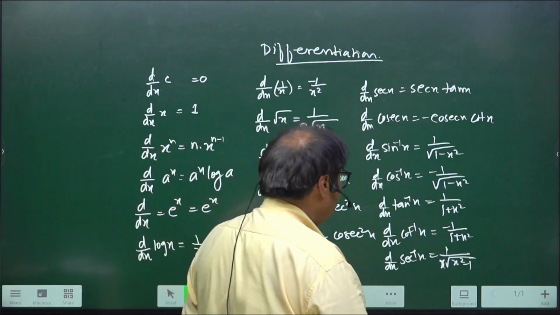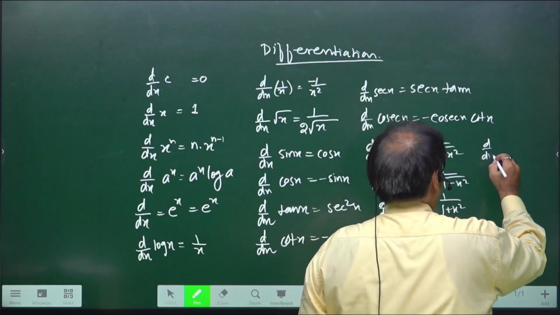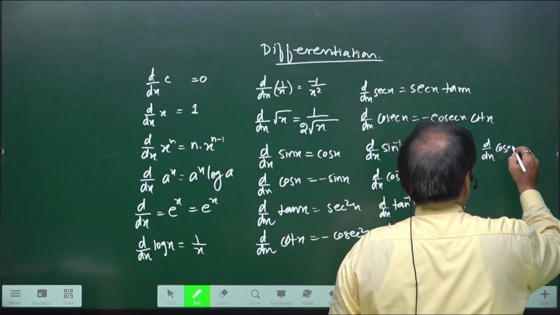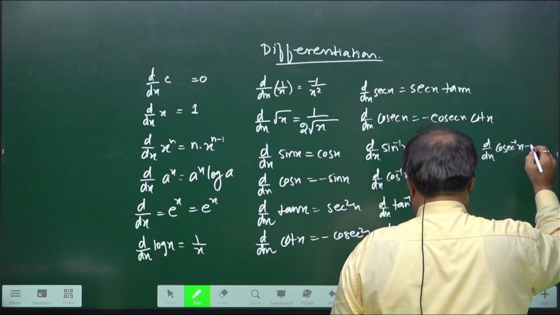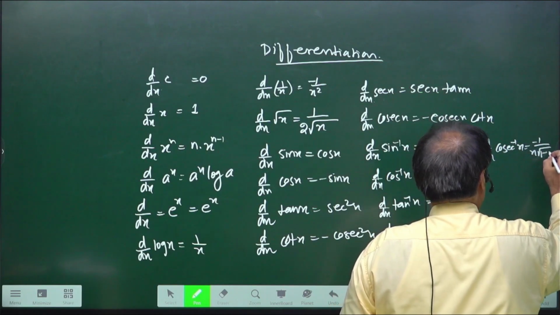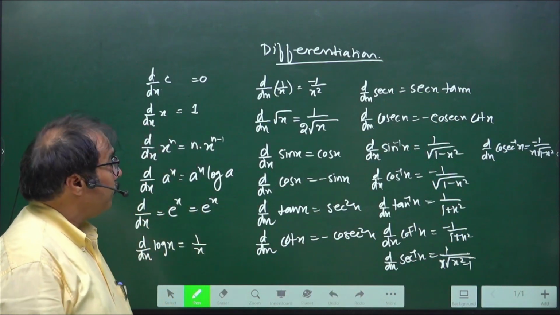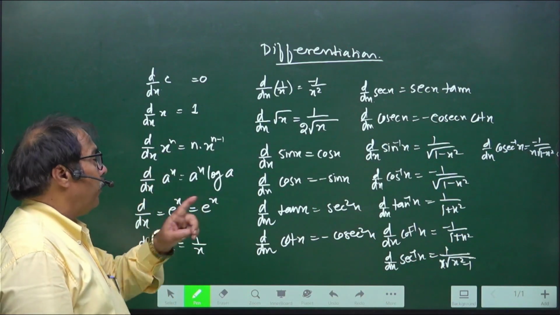And the derivative of cosecant inverse x will be minus 1 upon x into root over x square minus 1. So these are the 20 formulas.